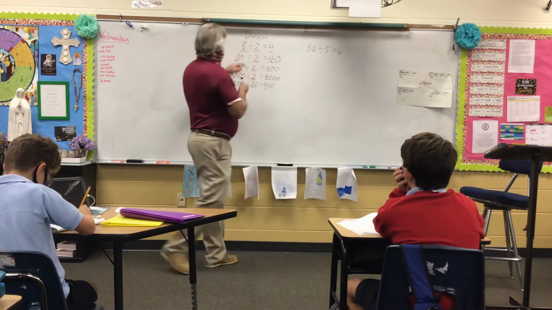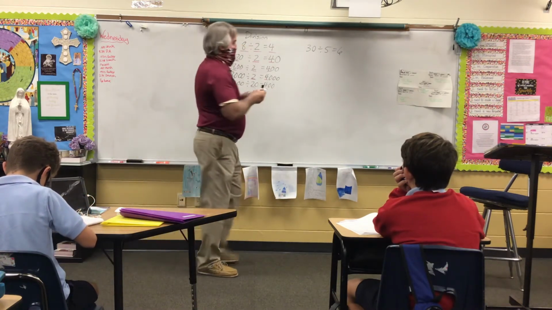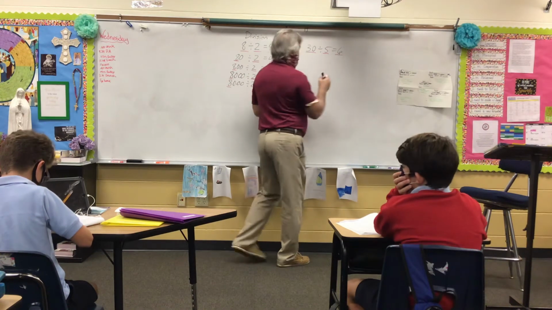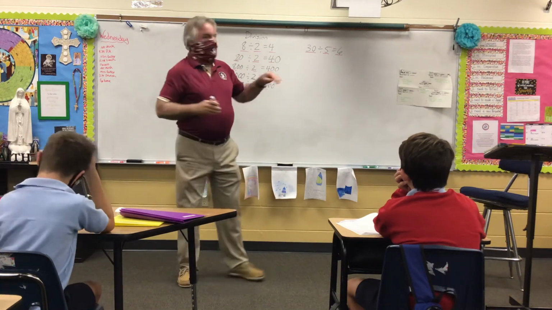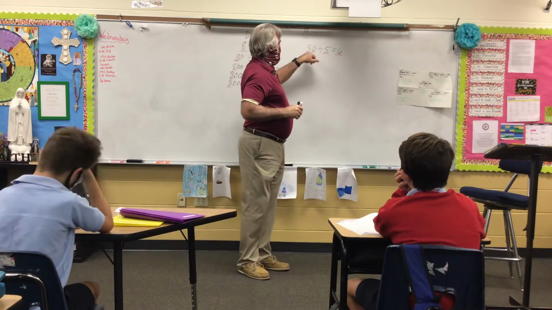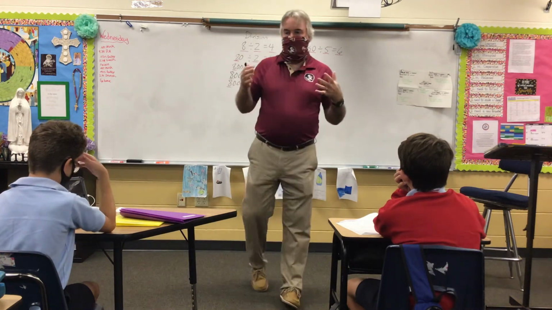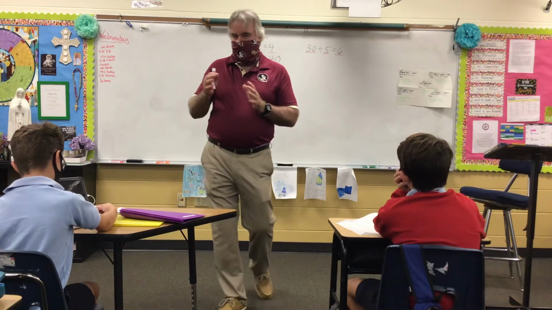So here, this is still a basic fact, 8 divided by 2. But here, it's 30 divided by 5 equals 6, right? Sure, there's a 0 here, but this number, 30, is part of your basic fact. That's what you gotta see the difference in, okay?